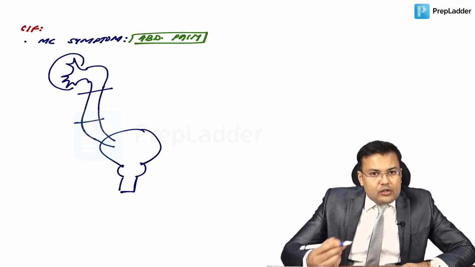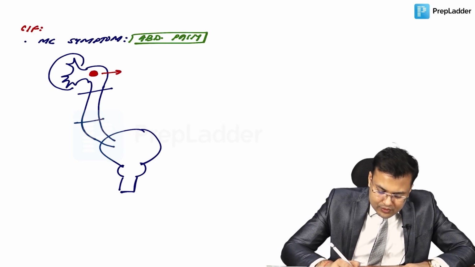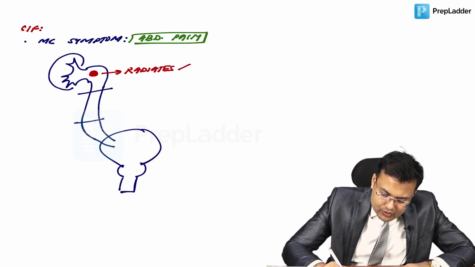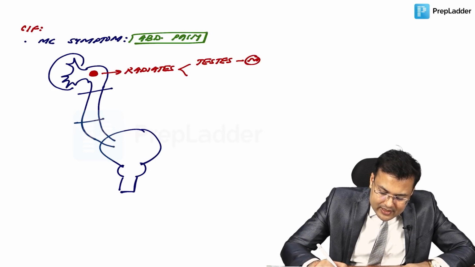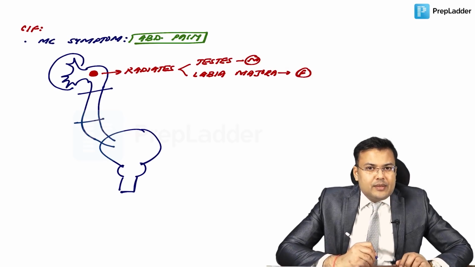So whenever the stone is in the renal pelvis or in the upper 1/3 of ureter, here pain radiates to testes in males and labia majora in females. Simple.